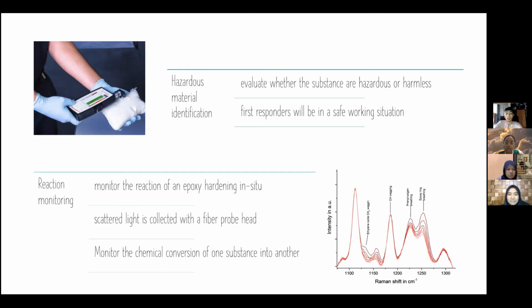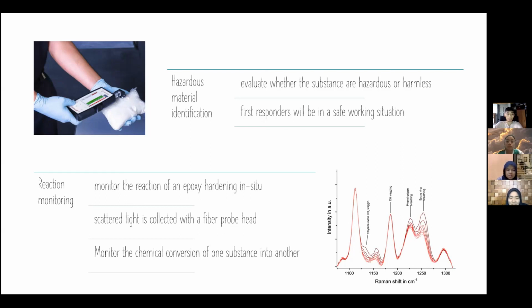For example, they use a Raman spectrometer to detect the substance in a white substance that may be hazardous to the responder, so they can prevent the first responder from being harmed.